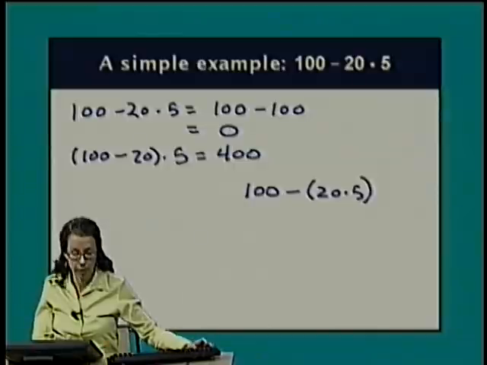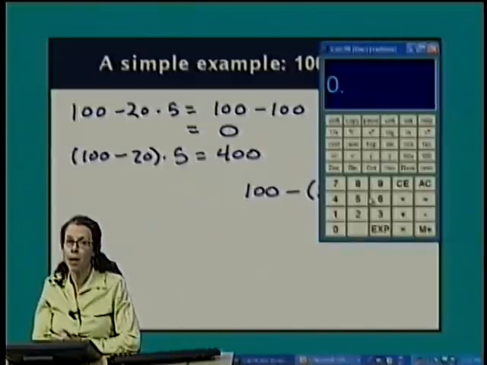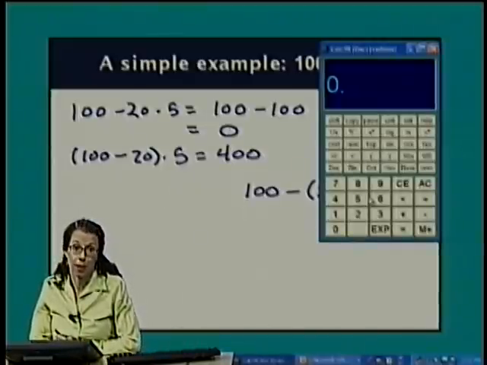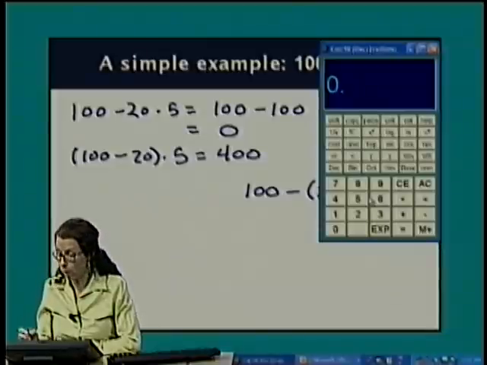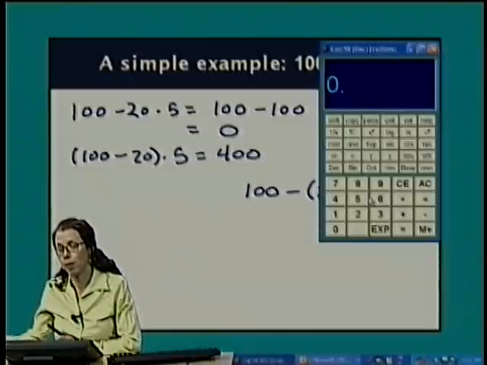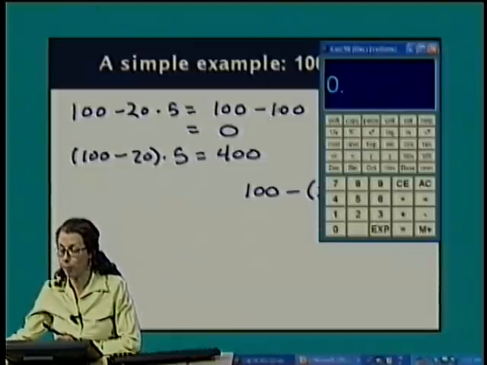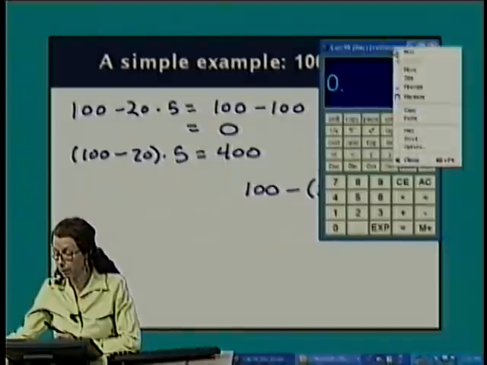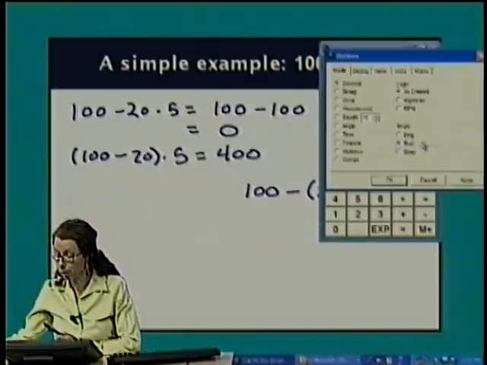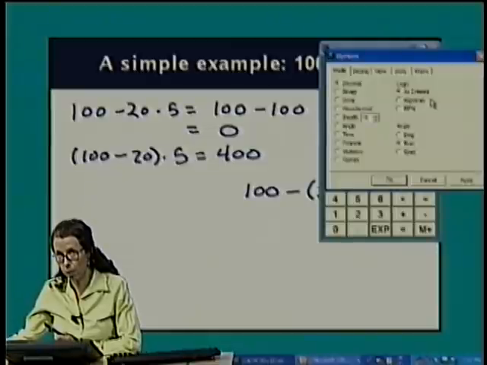Now on this scientific calculator, I can actually tell it to use the order of operations. And if you have a calculator like the one I just showed you, this is probably not possible. But this is a fancy computer calculator, and I'm going to change the logic from performing the operation as entered, so it did the operations from left to right regardless of the order of operations, to algebraic.